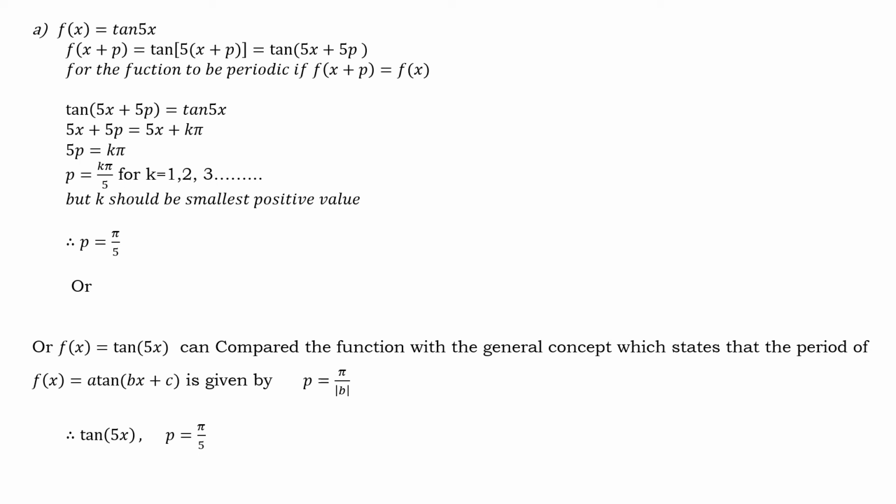When we use the general case, we have said that if our f of x is equal to a tan of bx plus c, where a, b, and c are real numbers, the period is given as pi over the absolute value of b, where b is the coefficient of x. When we take the above example, b is 5, so it gives this one as the period of our tan of 5x.